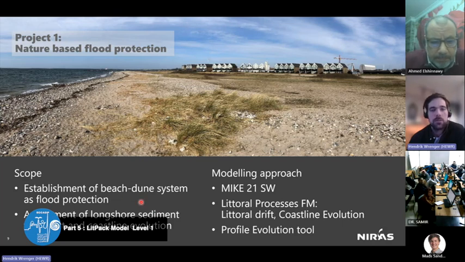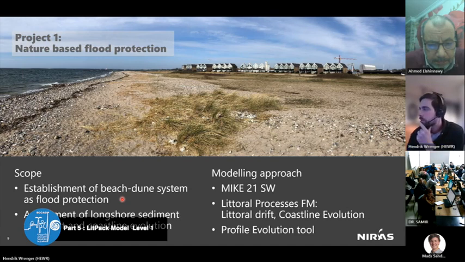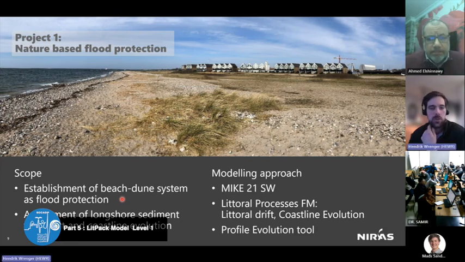There are some beaches and dunes still available here, but the idea was to extend them. We already discussed that if that can be established, it's a very effective measure to stop shoreline and coastline erosion, because the dune acts as a natural reserve of huge amounts of sand.